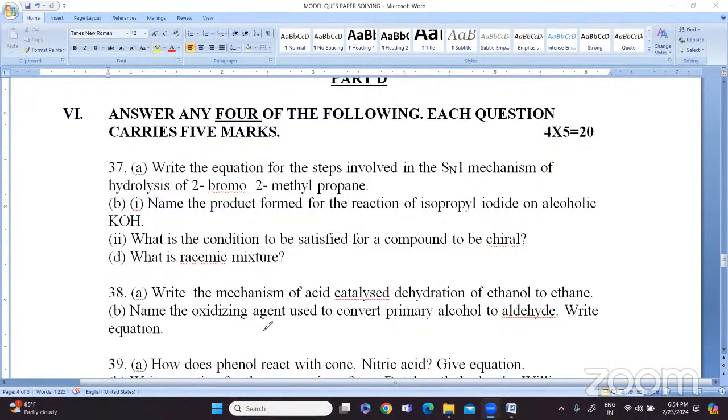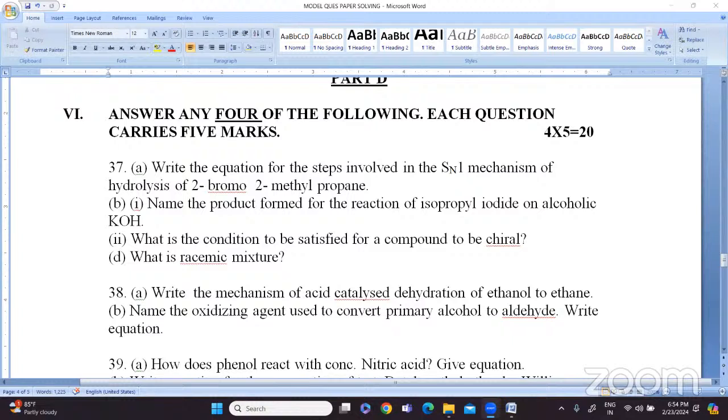What is the condition to be satisfied for a compound to be chiral? For a compound to be chiral, there should be a chiral carbon atom. Then there should be an absence of symmetry.